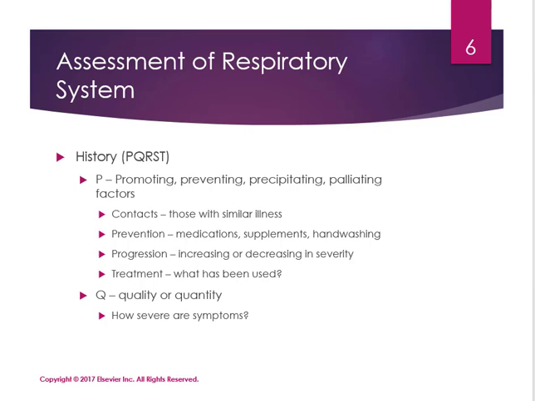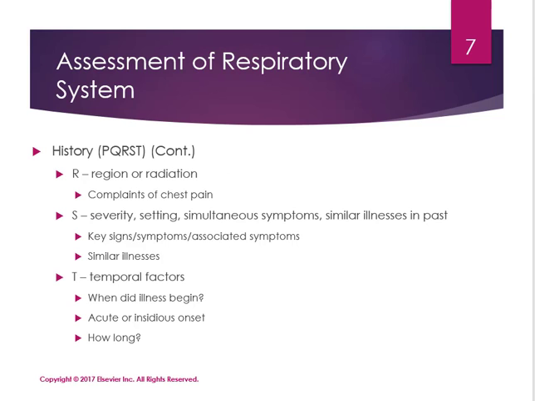Q would be for quality or quantity, how severe are the symptoms. R would be for the region or radiation. Are there complaints to the chest? S includes severity, setting, simultaneous symptoms, and similar illnesses in the past.